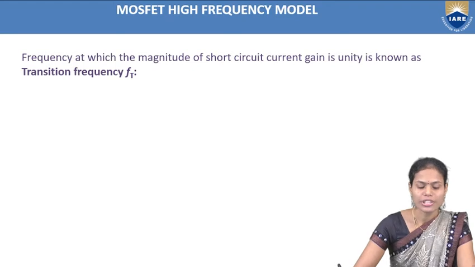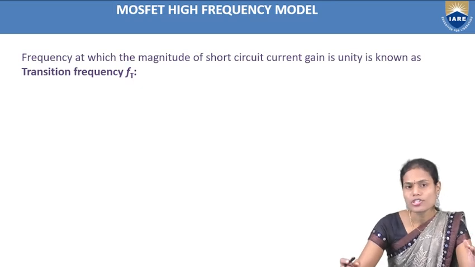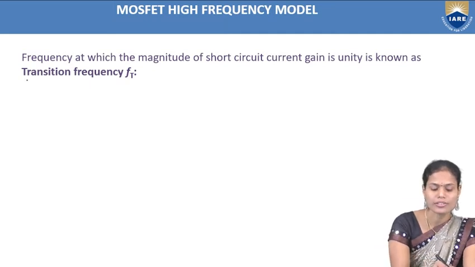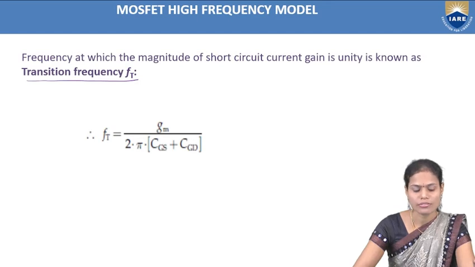And what is meant by transition frequency here? The transition frequency fT is the frequency at which the short circuit current gain is 1. At that gain of 1, the frequency on the curve indicates the transition frequency. So the transition frequency fT equals gm by 2 pi into (CGS plus CGD).